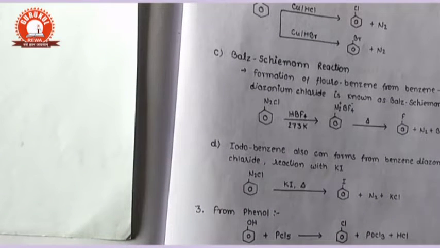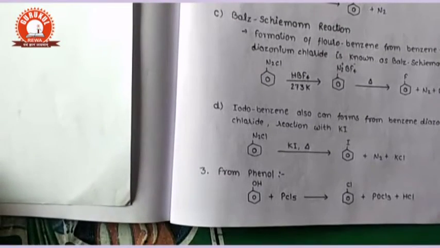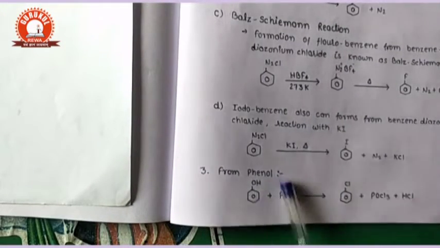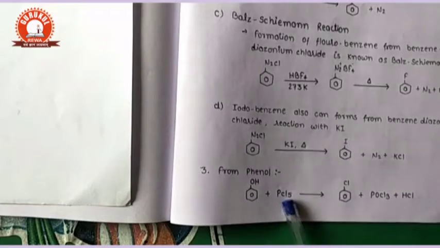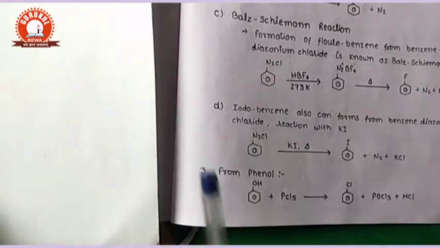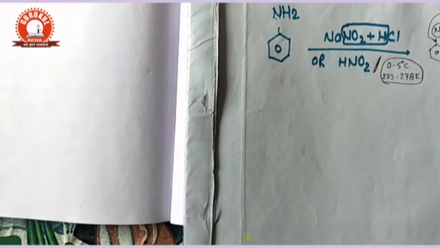The third reaction, if you see, is from phenol. It is called phenol, and the reaction with PCl5 goes in the same manner.